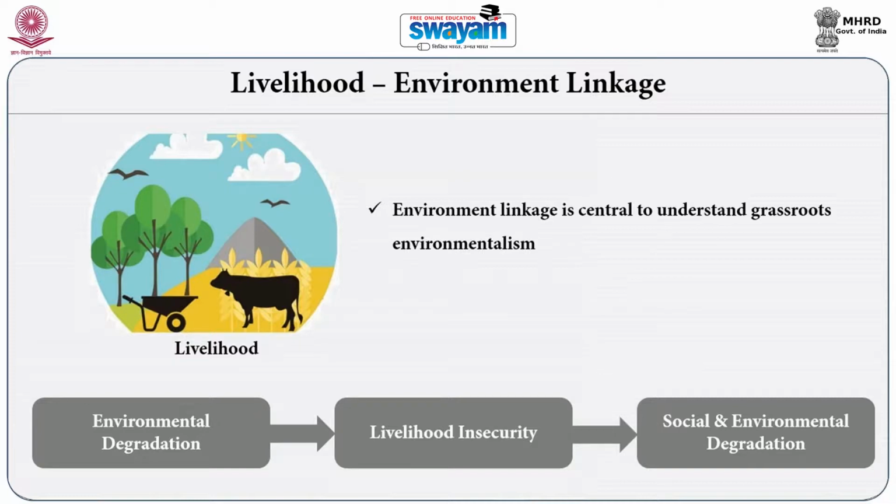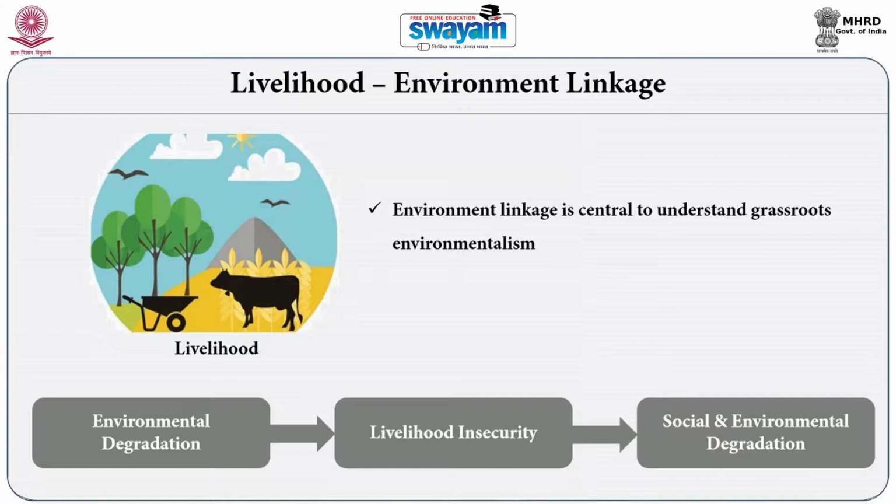So whenever there is an environmental degradation, that leads to livelihood insecurity for the people, and livelihood insecurity leads to a social and environmental mobilization against the process of industrialization and for protection of nature or protection of the environment. Therefore, the major factors for environmental mobilization in the global south lie in the direct experience of ecological degradation and the loss of livelihood.